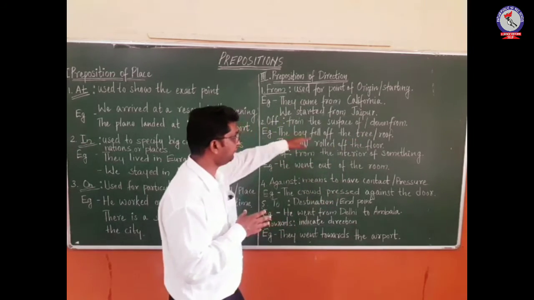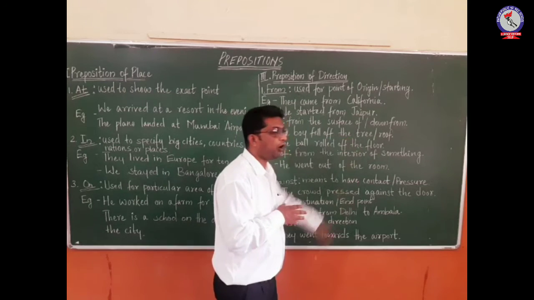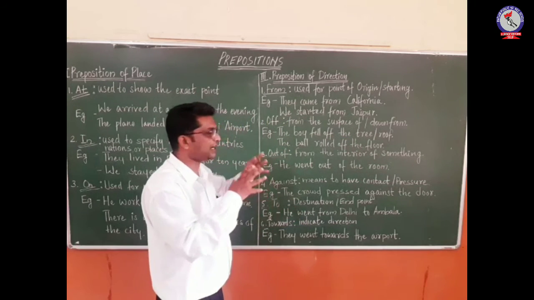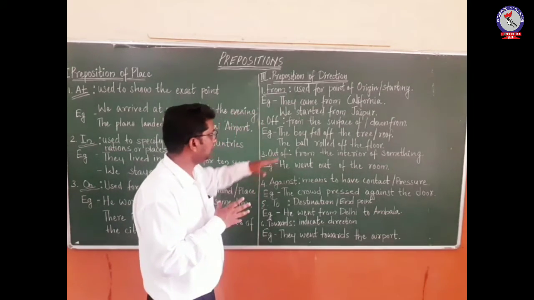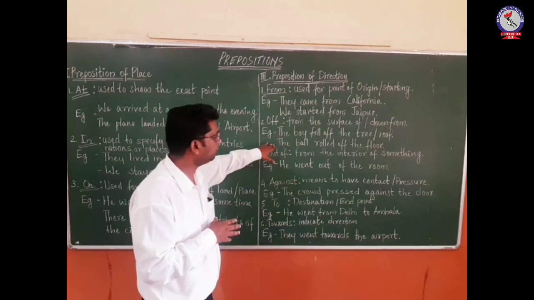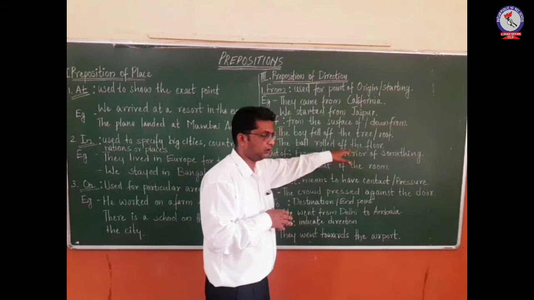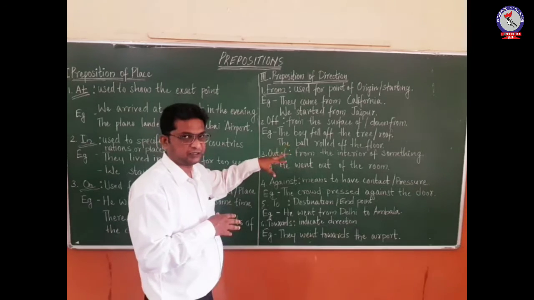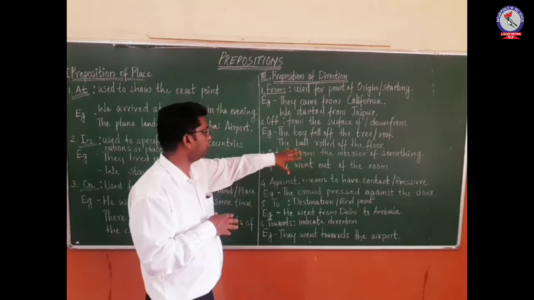The boy fell off the tree or roof. That shows us the action from the roof or the tree. Now see another example. The ball rolled off the floor. It is a down surface.